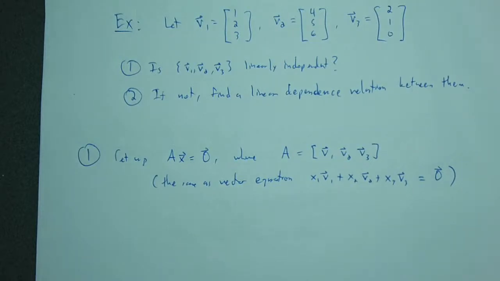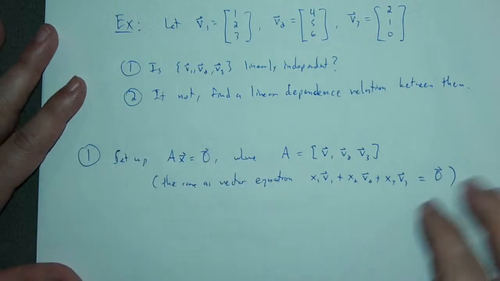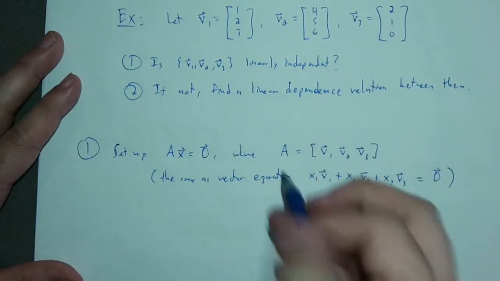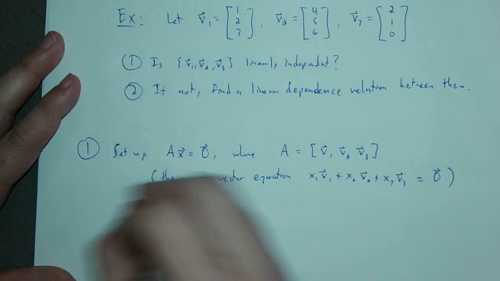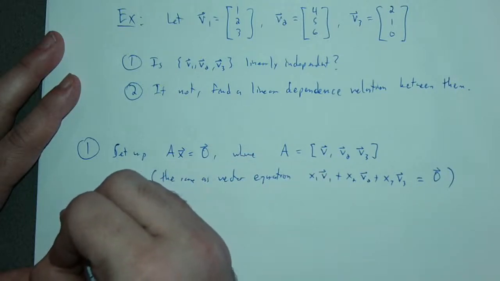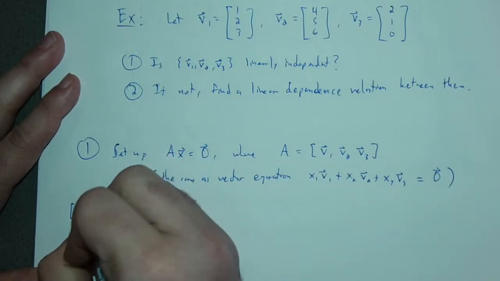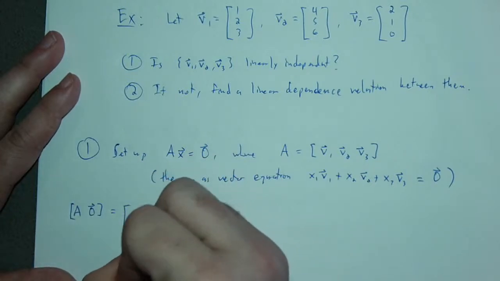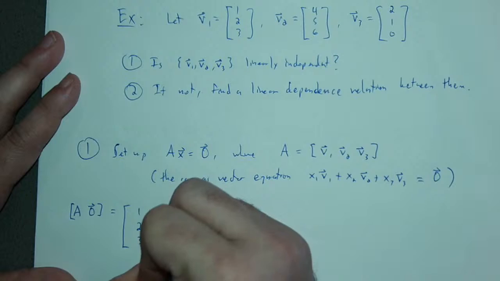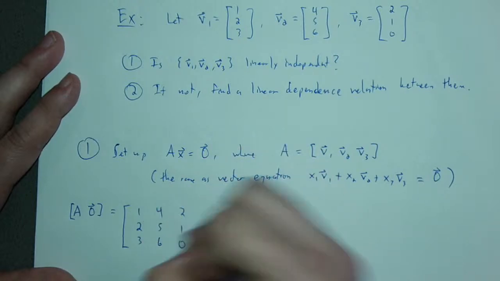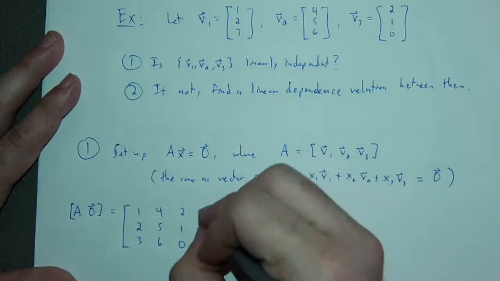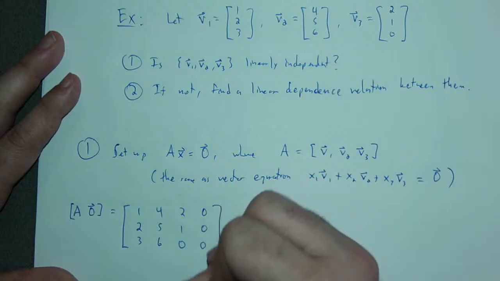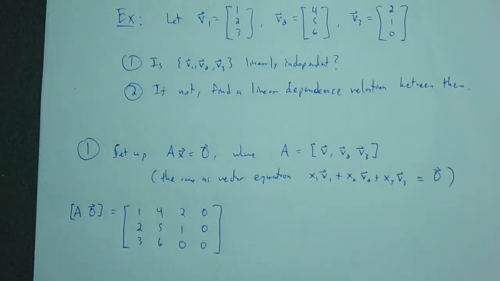So this is going to allow us to answer the question of whether or not I can actually find a linear dependence relation. So my matrix, or the augmented matrix for this system is A 0, which I can write as 1, 2, 3, 4, 5, 6, 2, 1, 0, and the last column is all zeros.